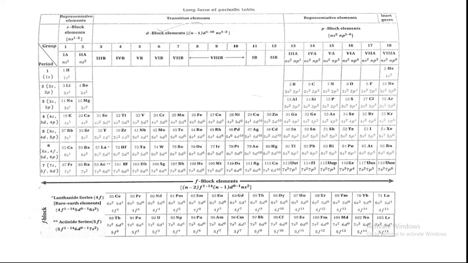Like s-block elements, where the electrons enter the last shell, that is the s shell, and the general electronic configuration of s-block elements is ns1 to 2. There are many properties of s-block elements. If we study them, we can say that in these elements all shells except the outermost one are completely filled with electrons.